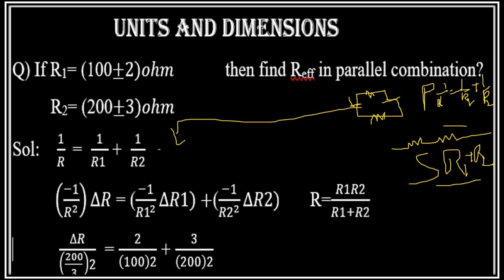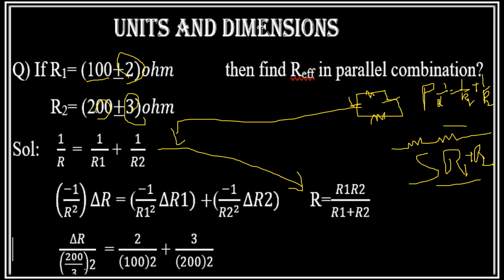If we solve this, we may get R equals R1 R2 by R1 plus R2. Delta R by R is the total effective resistance. If we solve this, we'll get delta R over 200 by 3 whole square equals error in the first resistance 2 over 100 square, plus error in the second resistor 3 over 200.